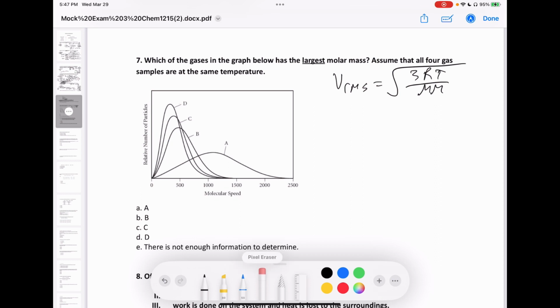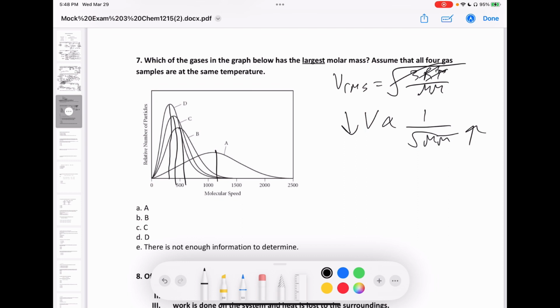So you guys know that, not even looking at RT, v is going to be proportional to 1 over the square root of molar mass, which means that as molar mass increases, this speed is going to decrease. So if we look at the graph, mostly from the peak is where I look at the lowest speed. We see that it's just D, and that is answer choice D.